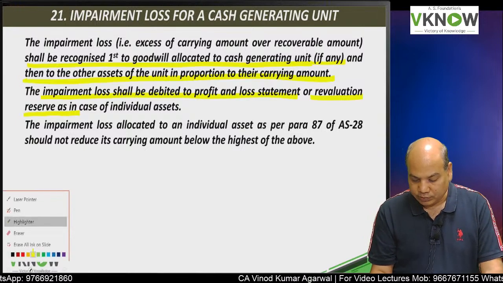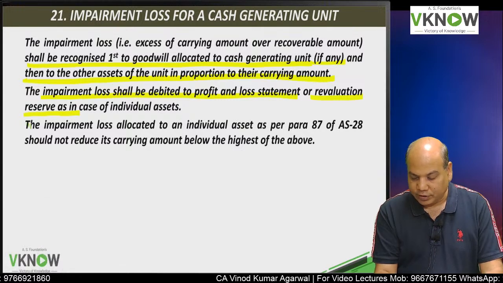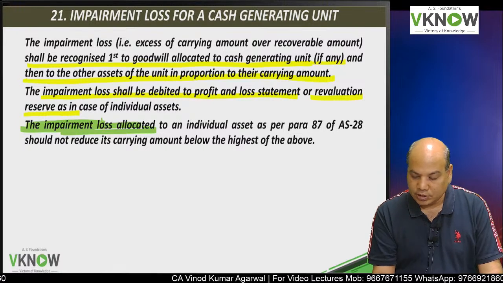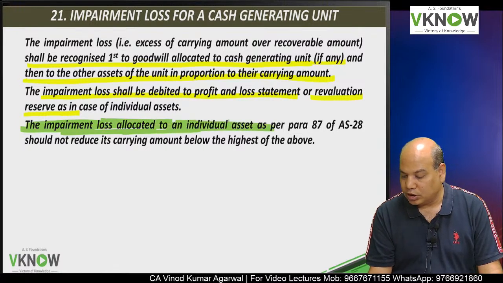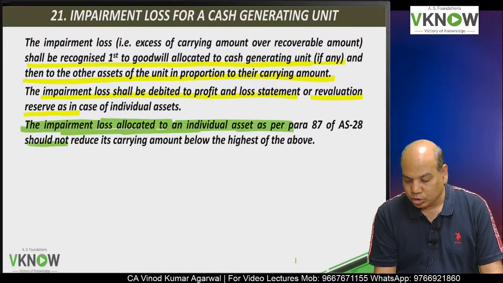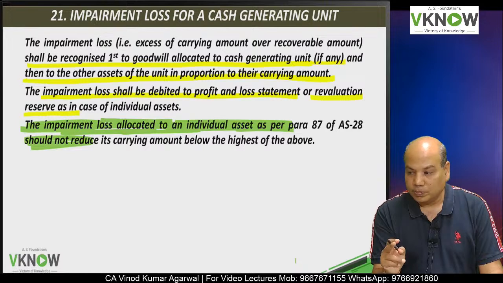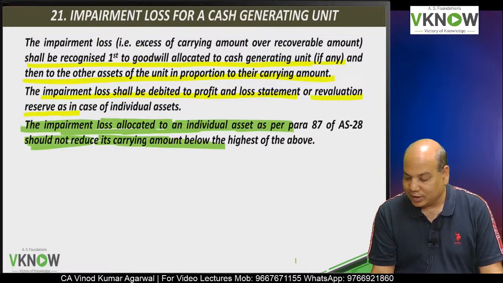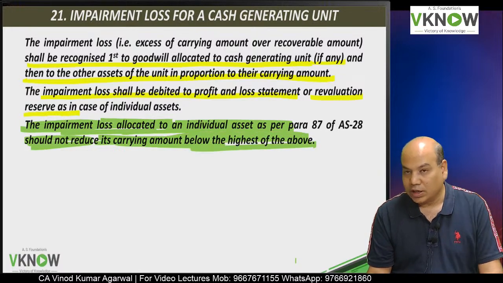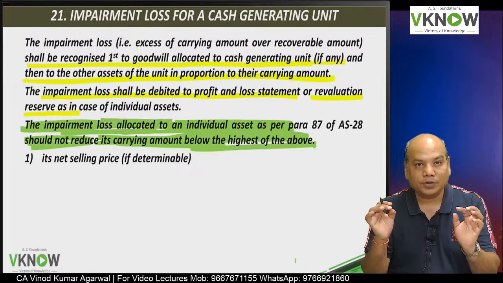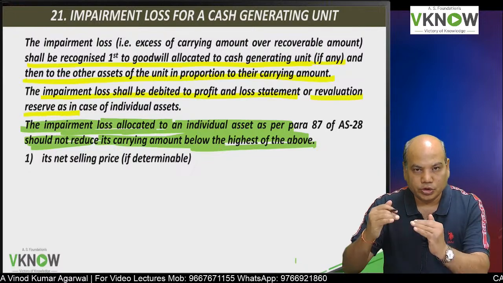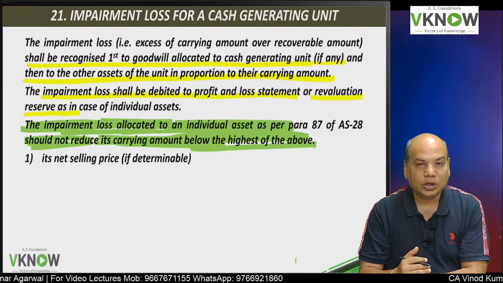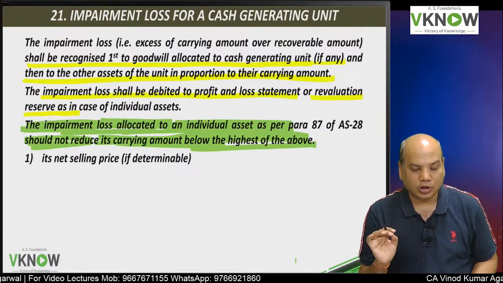Now an important point, which I am going to highlight using a different highlighter; you should also highlight it. The impairment loss allocated to individual assets should not reduce its carrying amount below the highest of the following three. Once you have deducted the impairment loss, its carrying amount should not go below the higher of the following three.